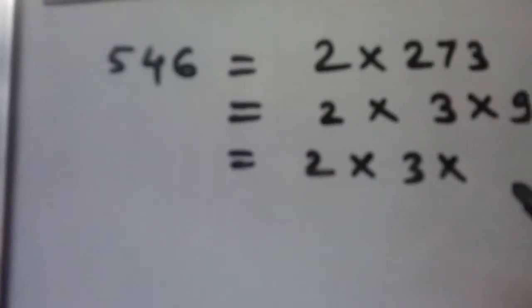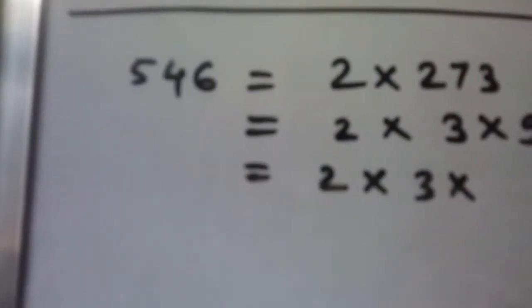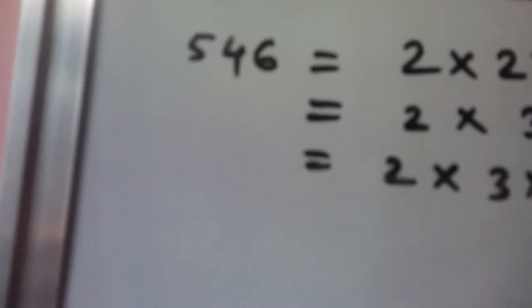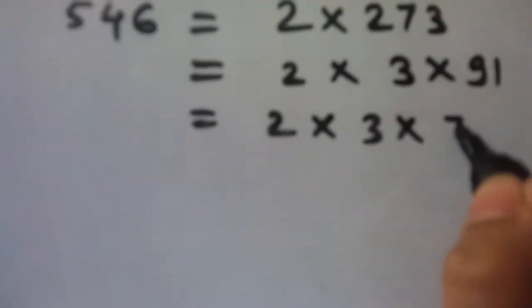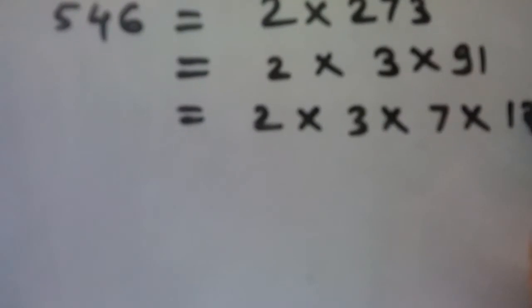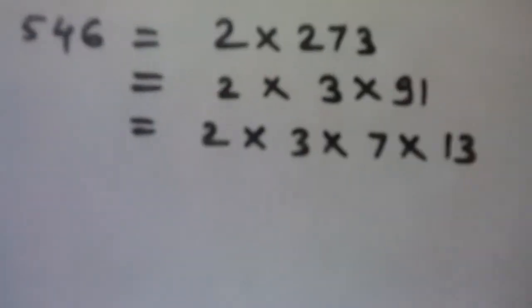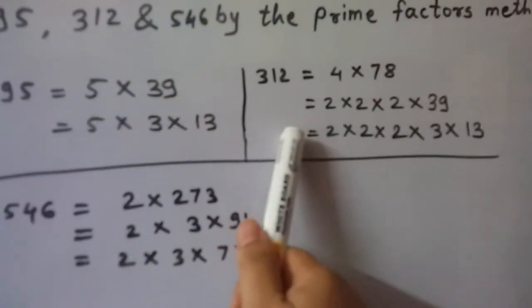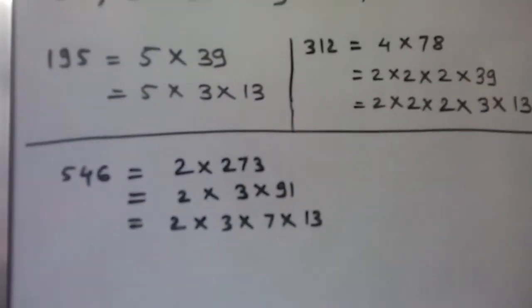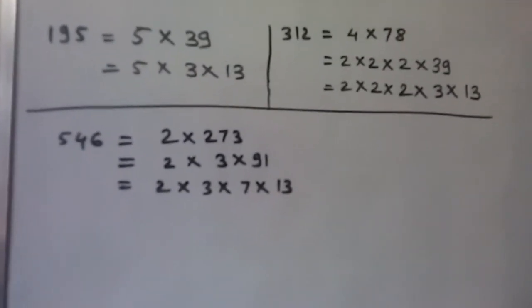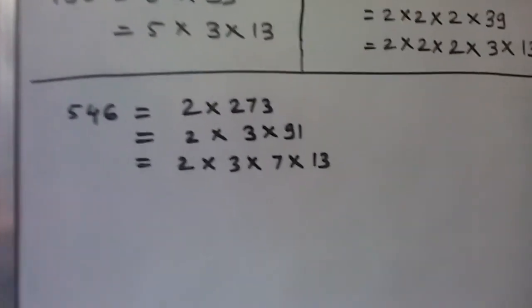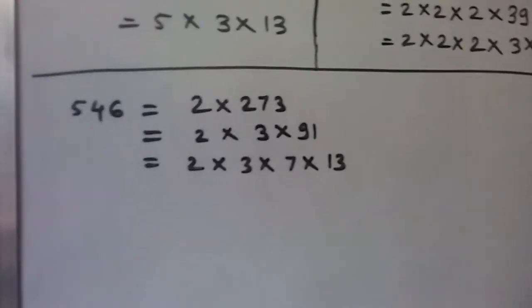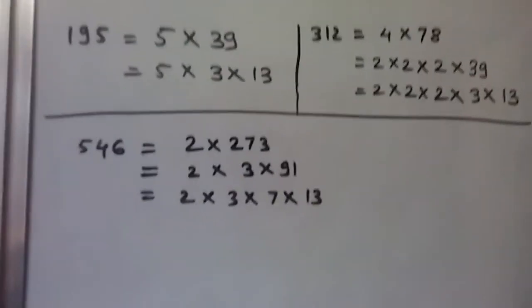How to factorize this 91? 7 into 13. Now see, these are the factors of 195, 312 and 546. Now find out the common factors between all these three numbers.